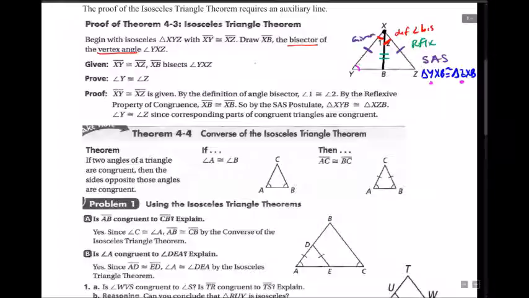So I get to say that these two angles are congruent because I know that corresponding parts of congruent triangles are congruent. So that's how we do this proof. Very simple, very straightforward. Once I have my triangles congruent, all other corresponding parts are congruent. All right, that's a nice little proof there.